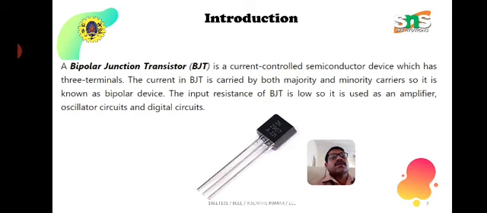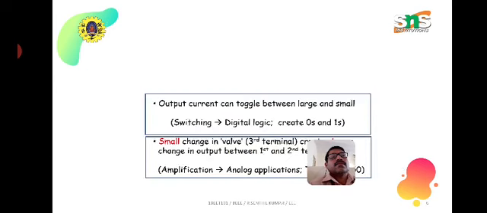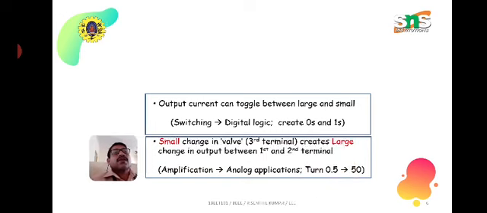This is the transistor operating as a switch. If there is a sufficient base current, then the transistor operates as a closed switch, which means there is a flow of current from emitter to collector.